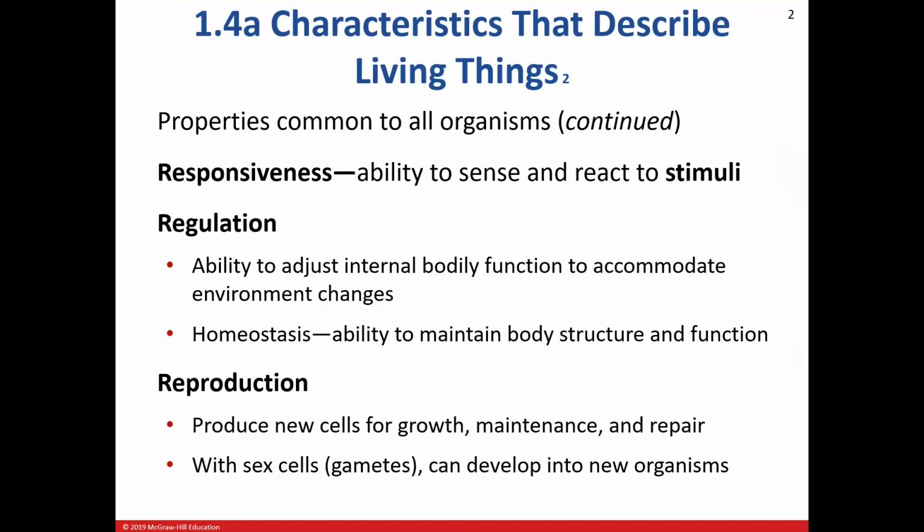All right, a couple things when we're talking about bioorganisms, living things. There's several properties. Some of the important ones are responsiveness, regulation, and reproduction. We talked a little bit about responsiveness when we were talking about homeostasis, or homeostatic balance. It requires a certain level of responsiveness to stimuli, and then how we react to that stimuli.